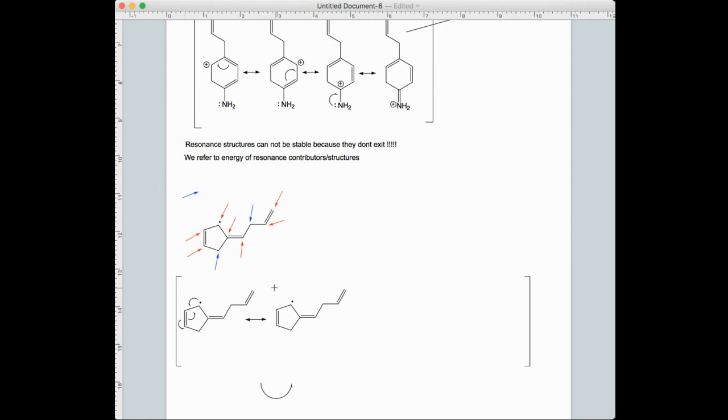So what I'm indicating by these arrows is the following. One electron from here and one from here to form a pi bond over here. And the second electron from the pi bond to form a radical on this carbon. So I'm going to move the radical over here. I'm going to add the double bond over here.